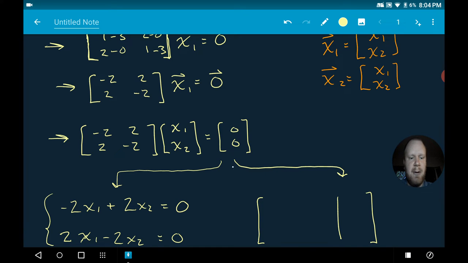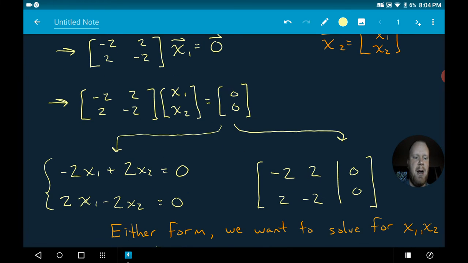This little shortcut, or kind of a handy way to represent everything here, is if you have matrix, vector, vector, then we get -2, 2, 2, -2, and 0, 0 on the side there. So either way, our goal is going to be to solve for x1 and x2.